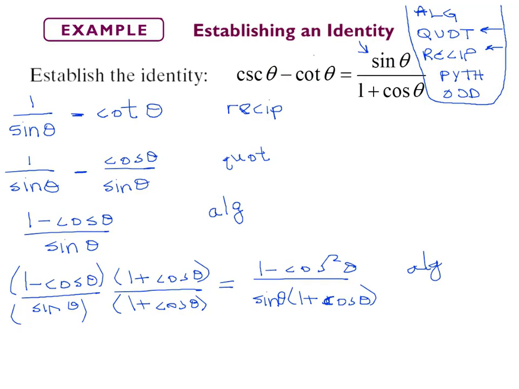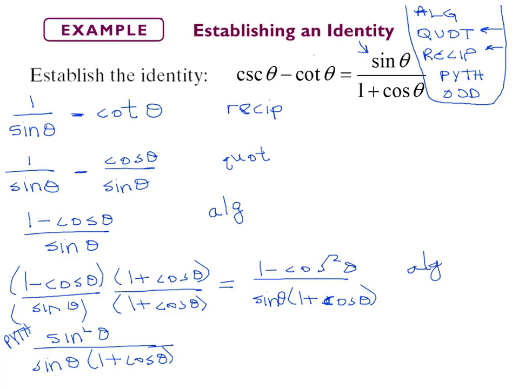So Luis, what do I do with the Pythagorean identity? Yes. I know 1 minus cosine squared is equal to sine squared. Perfect. And I'm not going to write it, but, well, I'll write it, Pythagorean. That's the reason I can do that.